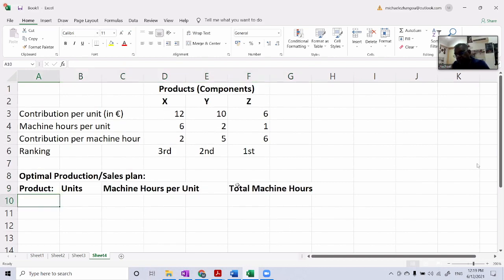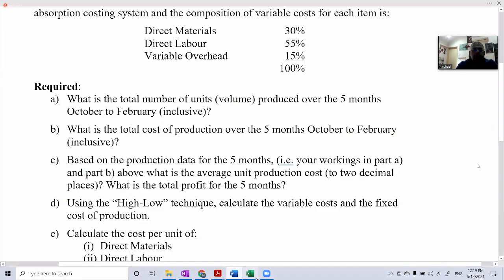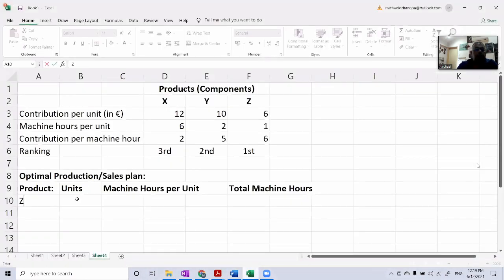Now we have to follow the ranking. The highest rank is Z, so I will start with Z. Okay. Now, what is the demand for Z? Z demand is 2,000 units, and machine hours required is 1. So total is 2,000 hours.